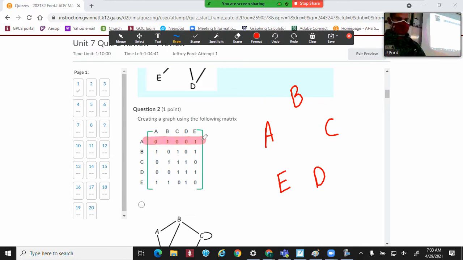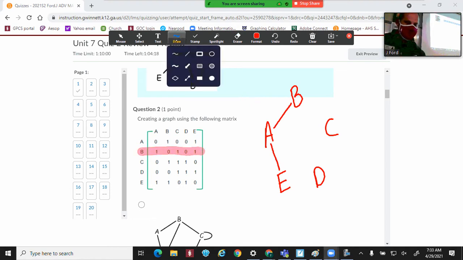Notice that we have the 0 first, which is an A to A situation. That's nothing. Next we have A to B, there's 1. So I draw one line, A to B, A to C, 0, A to D, and then A to E. Okay.